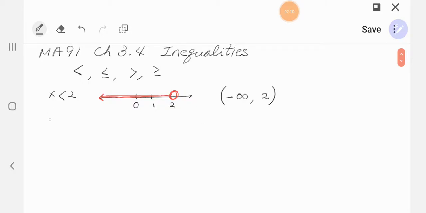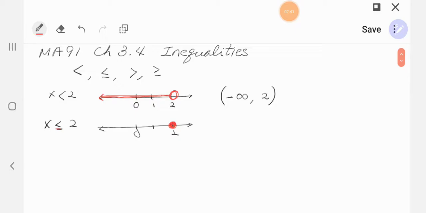How about this? If x is less than or equal to 2. Less than or equal to 2 means it has to be less than the number 2, and also equal to the number 2. The difference is this. Here's the numbers 0, 1, 2. This number 2 is included because there's an equal sign.